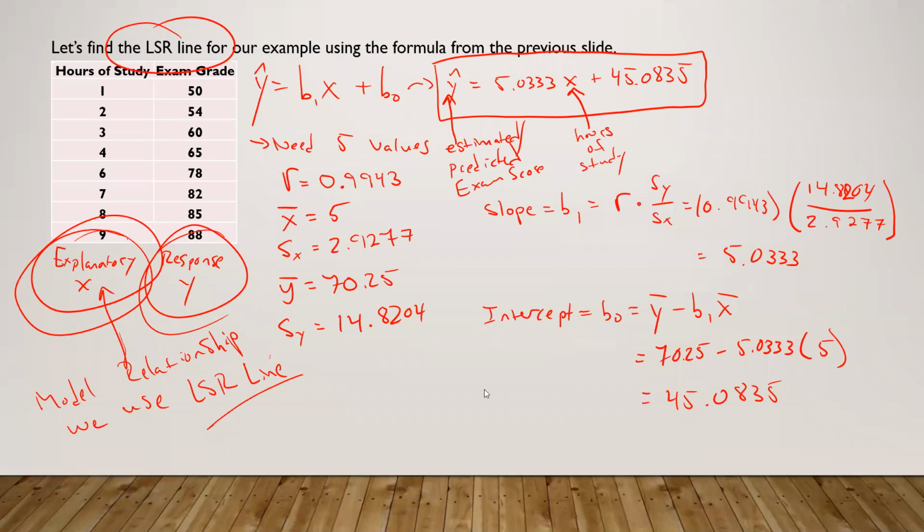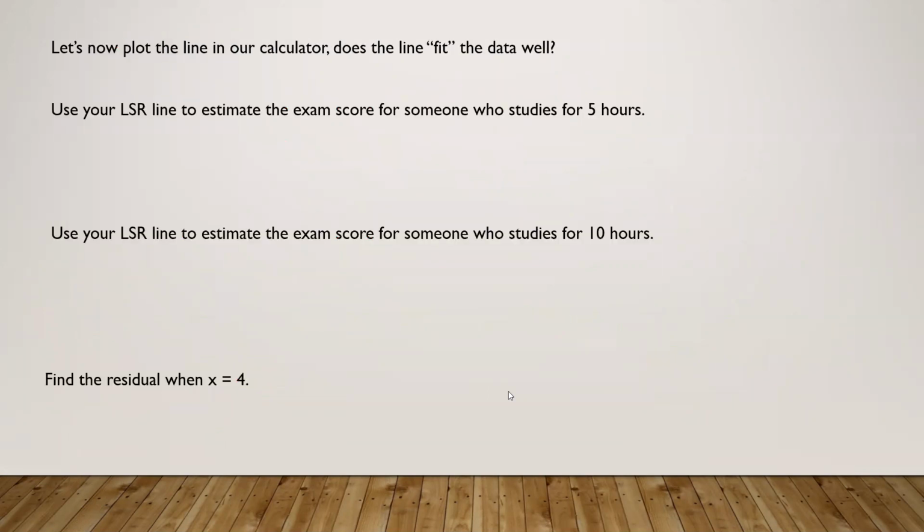All right, so now that I have this model, let's answer some questions so you can see how we're going to use this. I'm just going to rewrite it here. My equation was y hat is equal to 5.0333x plus 45.0835.